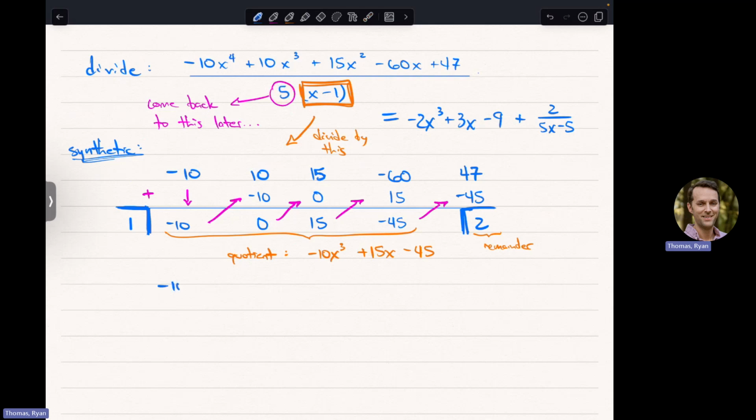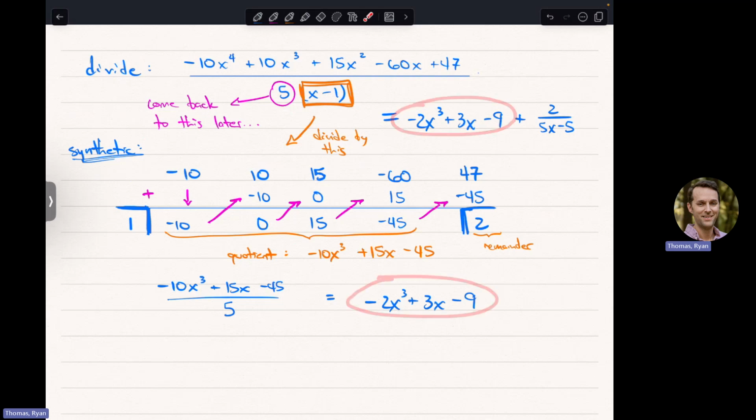I take negative 10x cubed plus 15x minus 45, I divide everybody by 5, and I get negative 2x cubed plus 3x minus 9. Now those match, and we're good to go.